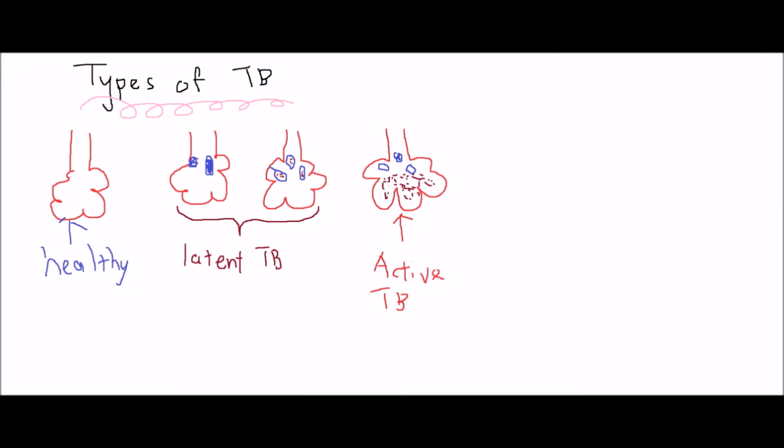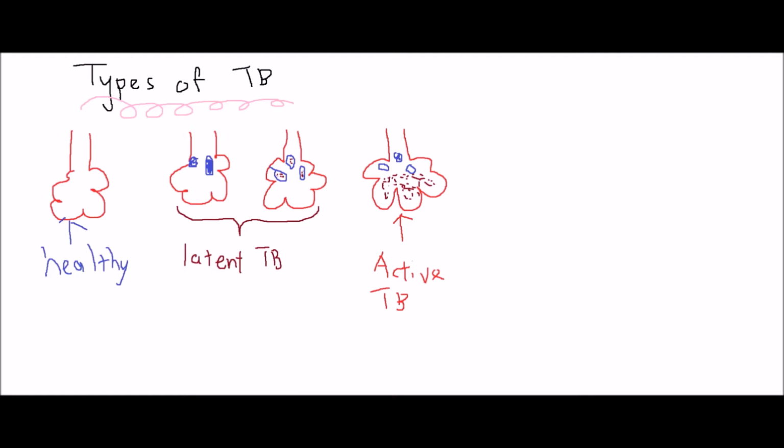Now, as you can see that I have drawn above, there are 4 different alveoli. The first one is a healthy alveoli. This is what we have on a normal day, on a normal lifestyle. So it is perfect, it's healthy. The second one, however, has 2 blue circles inside it. So the blue lines engulfing around the blue dots inside.